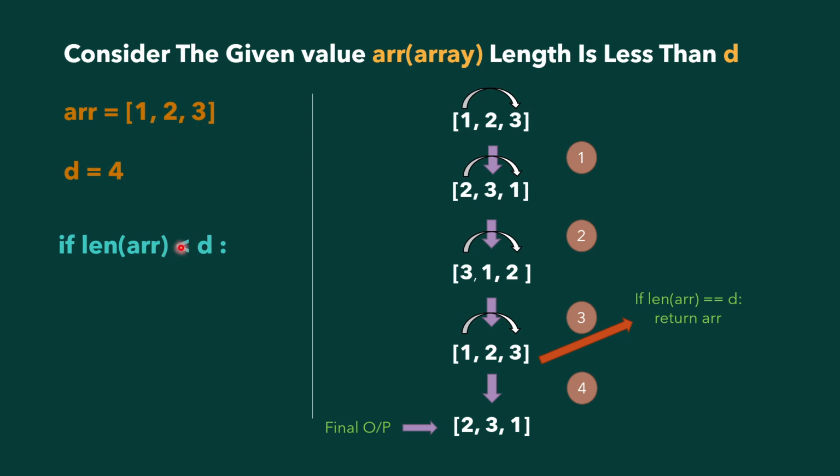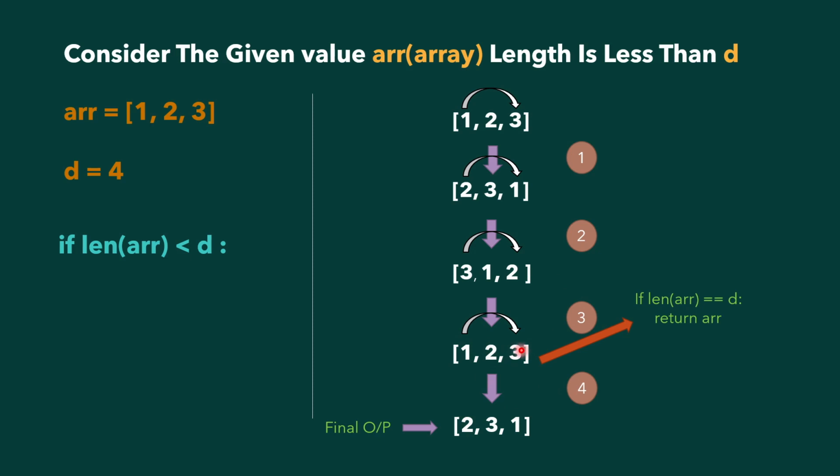So how do the rotations look? In the first rotation, the 1 goes here. After the first rotation, the output looks like this. Then 2 goes here. After the second rotation, the output looks like this. Then 3 goes here. After the third rotation, the output looks like this. Then 1 goes here. After the fourth rotation, the output looks like this.